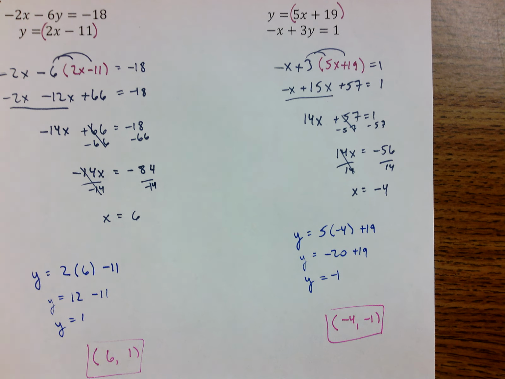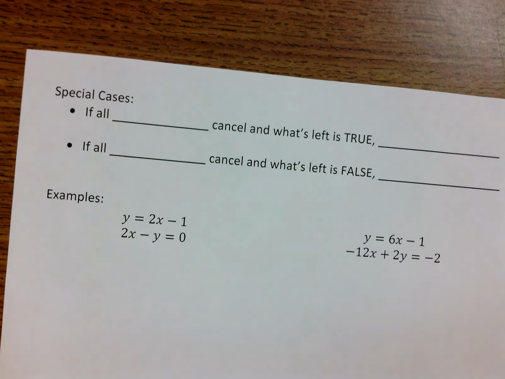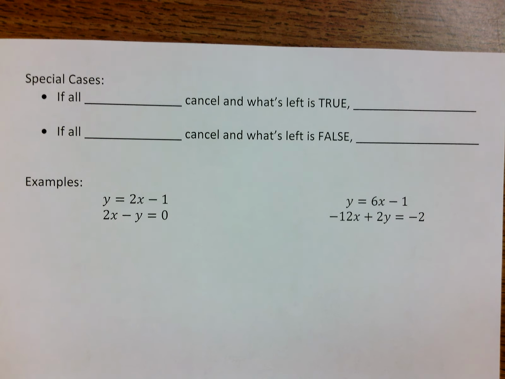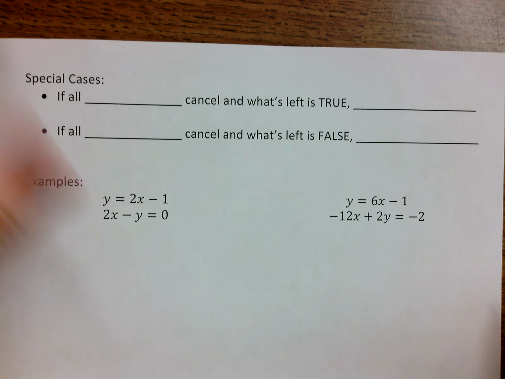All right, now there are special cases, right? Remember we talked about graphing? We said sometimes you can have no solution and sometimes you can have an infinite number of solutions. Okay, well, let's talk about what those look like when you're solving by substitution. Sometimes a weird thing will happen where all of your variables will go away.